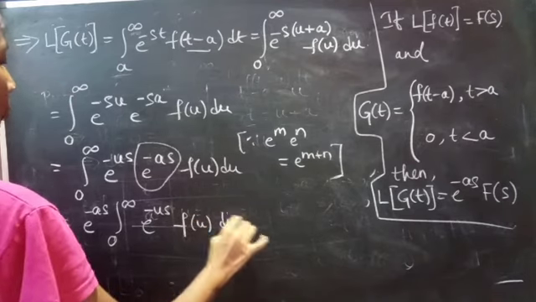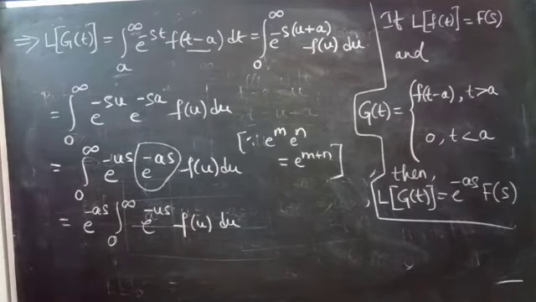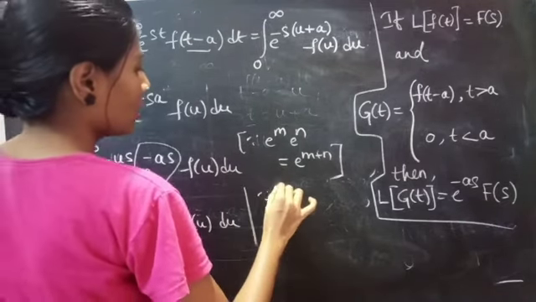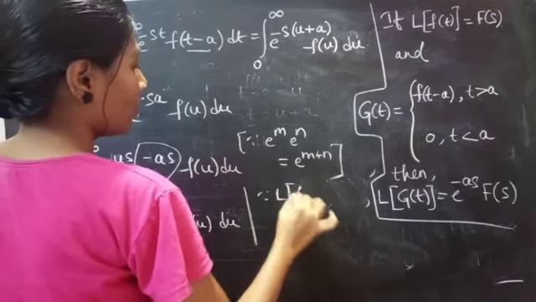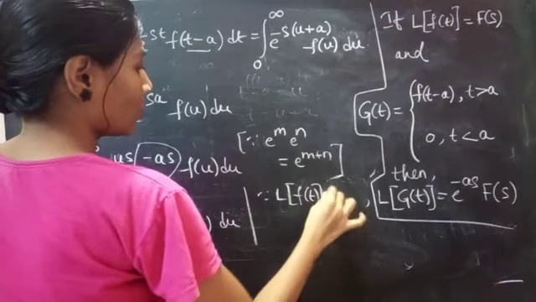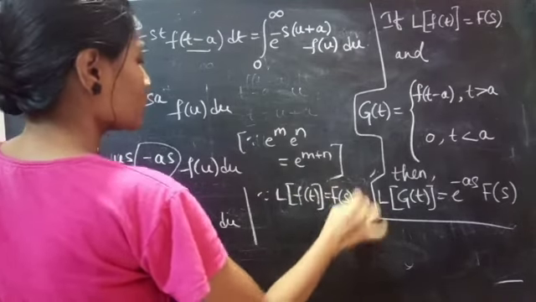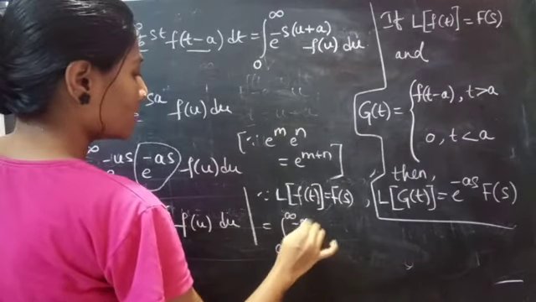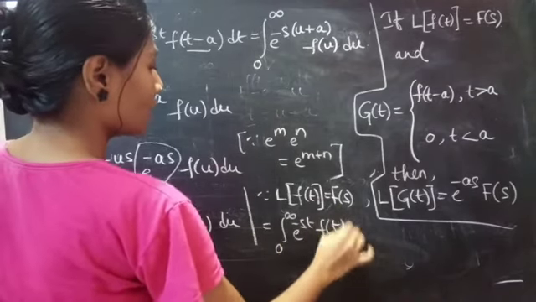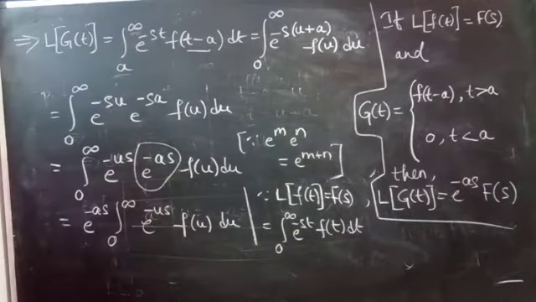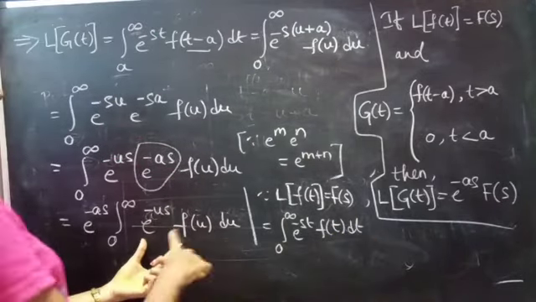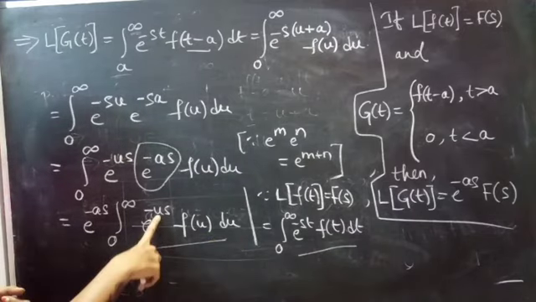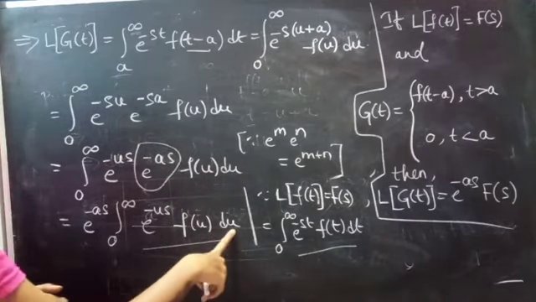Since we know that L of f of t equals capital F of s, which equals the integral from 0 to infinity e power minus st into f of t dt, you can compare this with the actual formula. In the place of t, you have u.